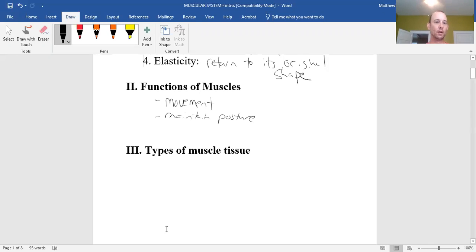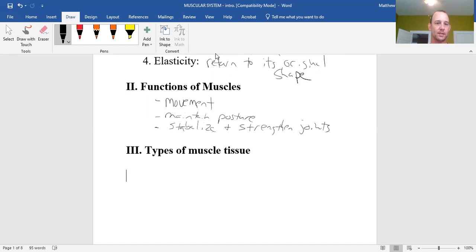All right. When we finished up the skeletal system, we talked about the joints of the body. One of the jobs of your muscles and those joints is it helps to stabilize and strengthen the joints. So muscles help stabilize and strengthen the various joints of the body.